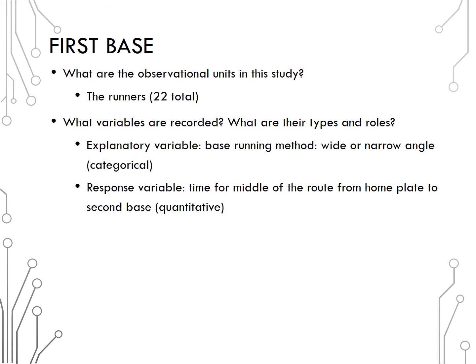Is this an observational study or an experiment? Well, since we randomly assigned the method of the runner and which would be done first, it's a randomized experiment. And then again, the type of study design is paired with repeated measures, as discussed on the previous slide.